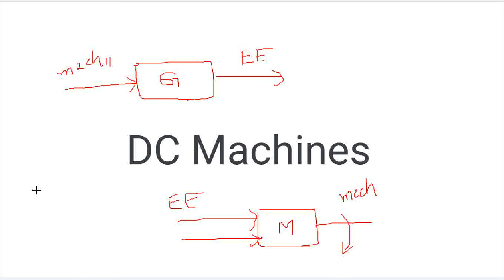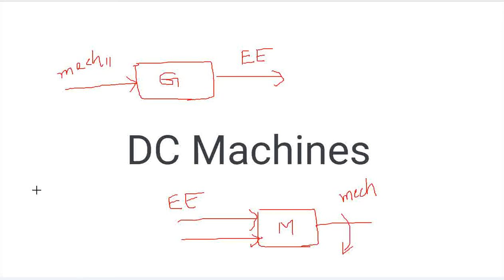So most of the DC machines are equivalent to an AC machine because they include AC current as well as AC voltage in them. Okay, the output of a DC machine is a DC output because they convert AC voltage to a DC voltage.